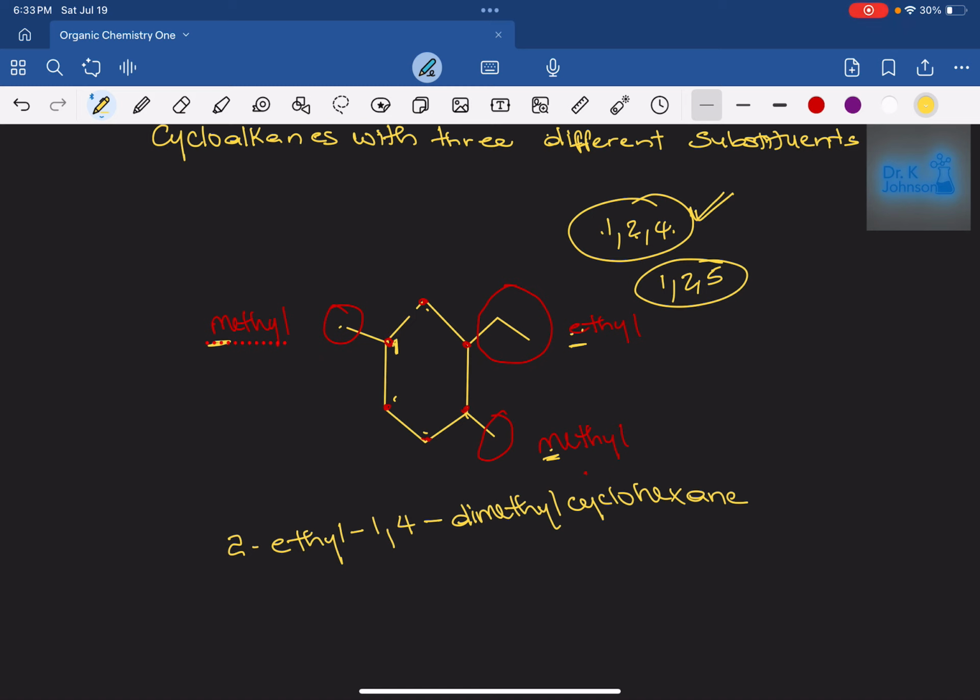It doesn't matter which direction I go in right now. Let's just go in this one. 3, 4, 5, 6. Notice my substituents are on 1, 3, 4. That's a bigger combination than that. Let's start 1 here again, but go in the opposite direction. It's still going to be a bigger combo than 1, 2, 4.